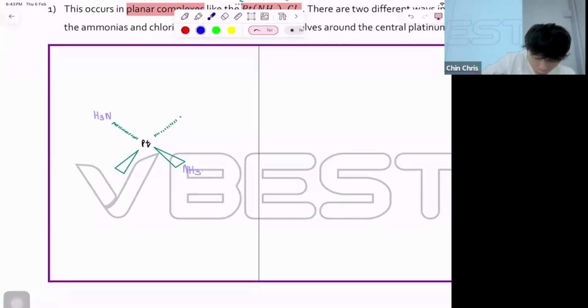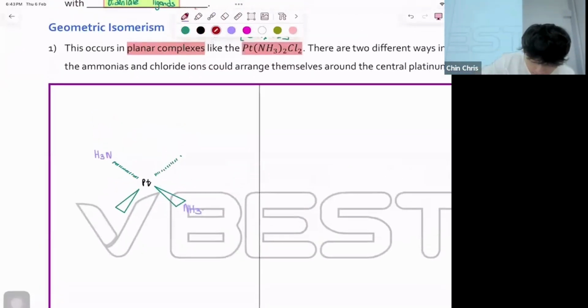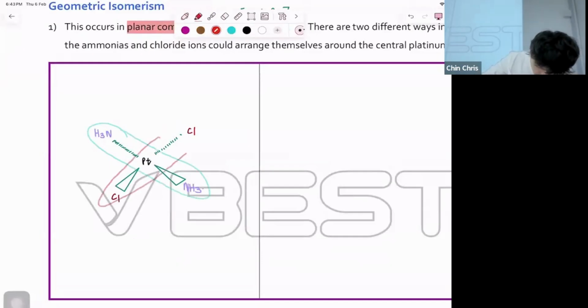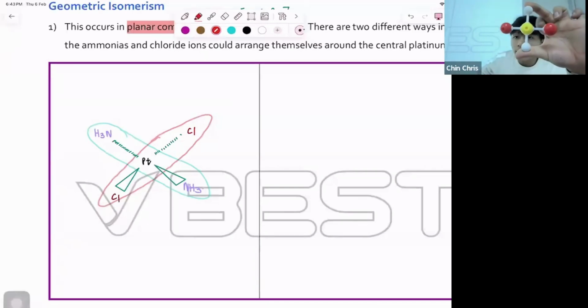Can you see that? Then another two ligands, 180 degrees apart. If you have a highlighter, you can use it. Do you see 180 degrees? So basically, this is the shape.